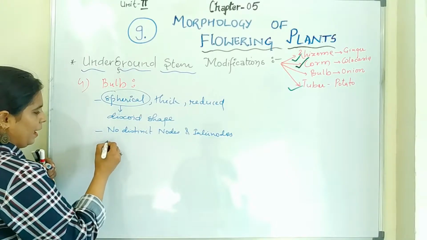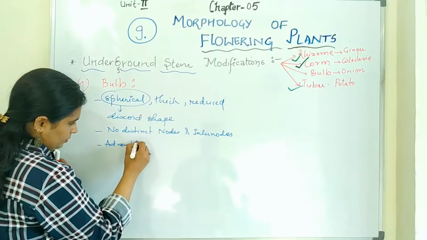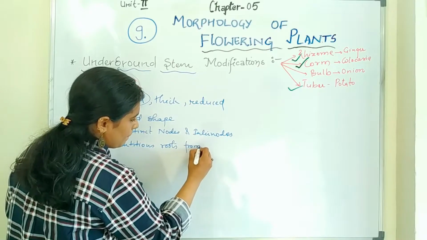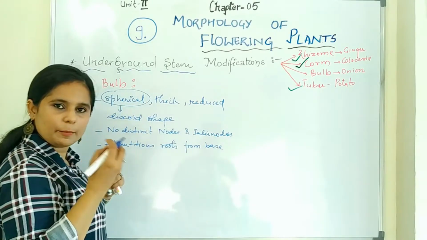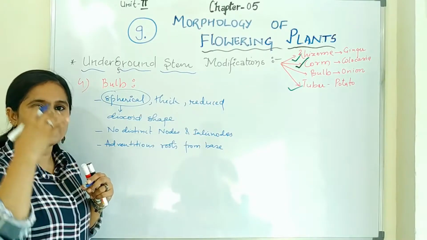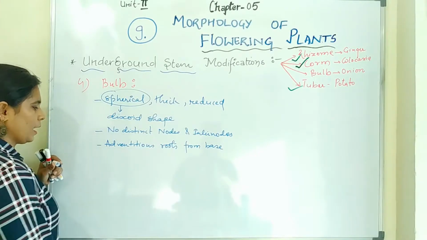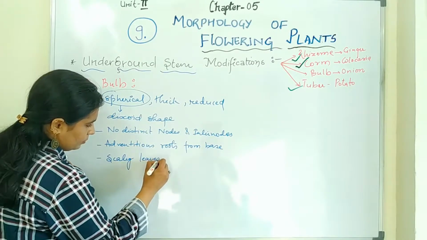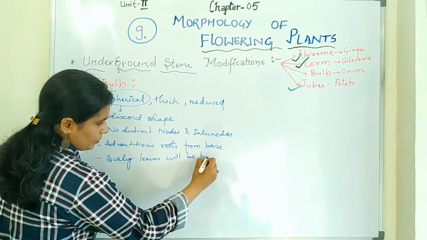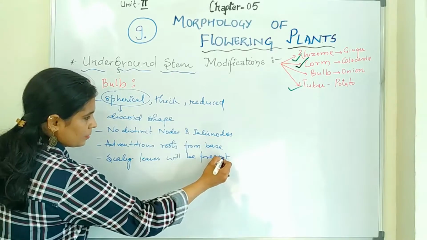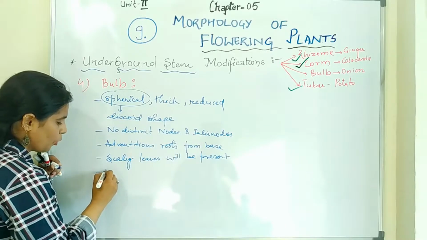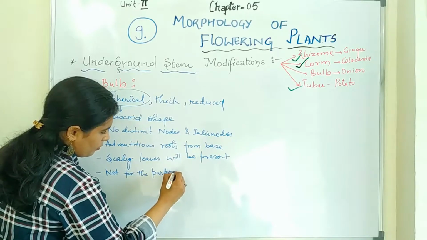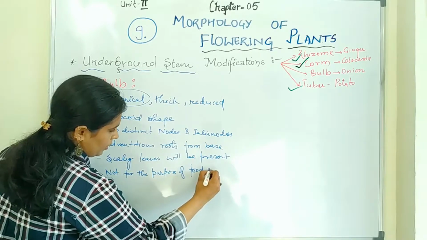Then adventitious roots develop from the base of this bulb. From this discoid stem, you will see that adventitious roots are coming out. Scaly leaves will be present. Plus, it is not for the purpose of food storage.